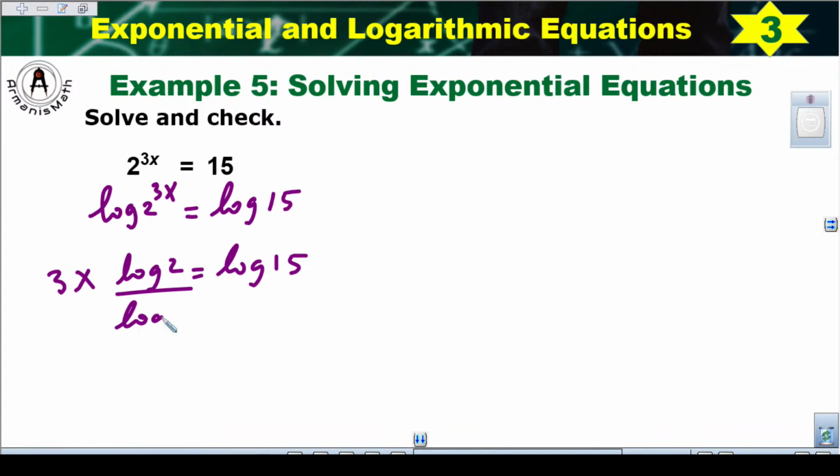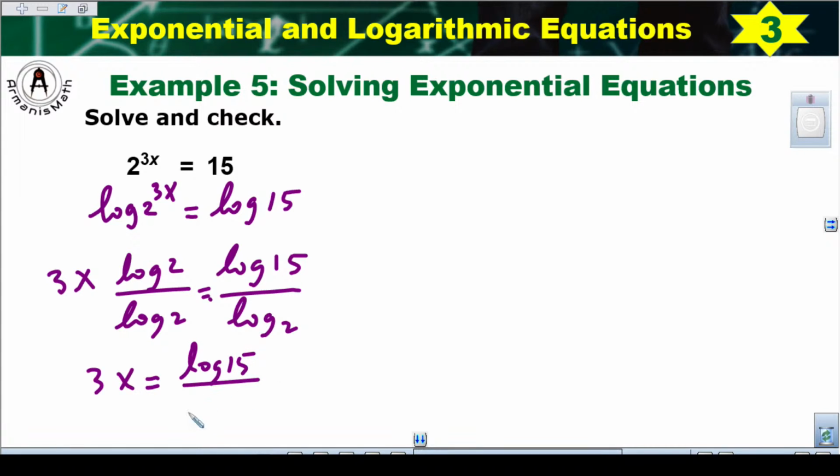Divide both by the log of 2. And this means I got 3x equals this value here, log of 15 over log of 2.